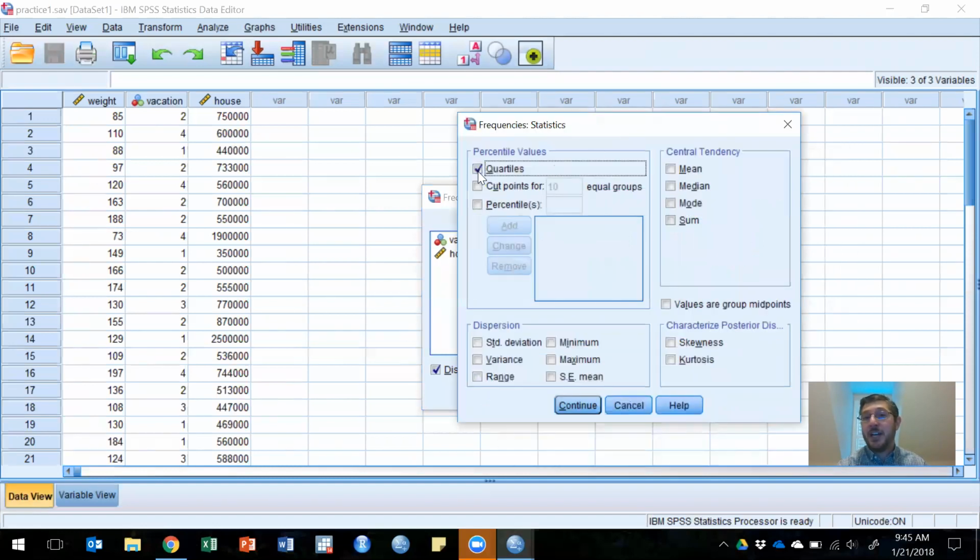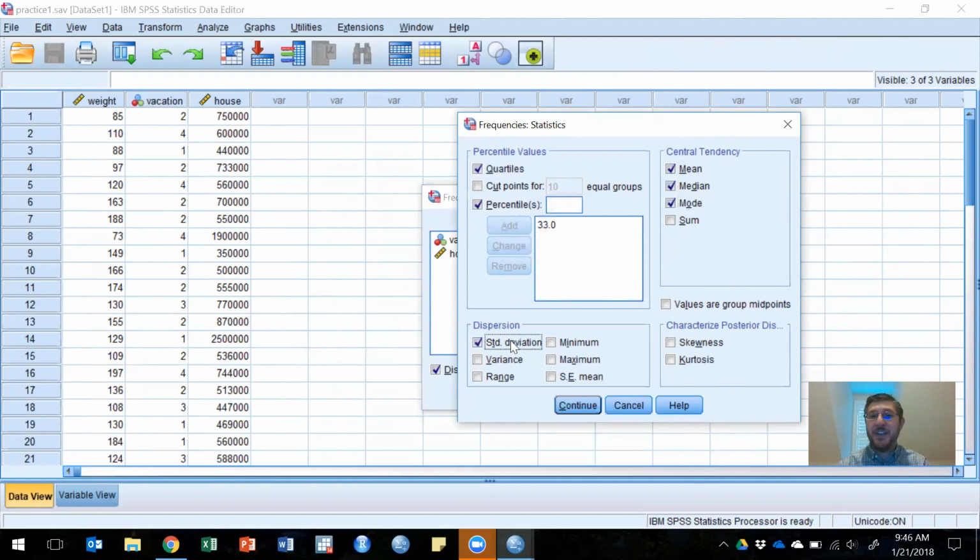We can get quartiles for our data. So if we want to know what's the 33rd percentile, we could type in 33 and click Add, and we'll get the value that's equal to the 33rd percentile. We want to get the mean, the median, the mode. Sum just adds everything in the distribution together, so what would be the total weight if that value is important to you.